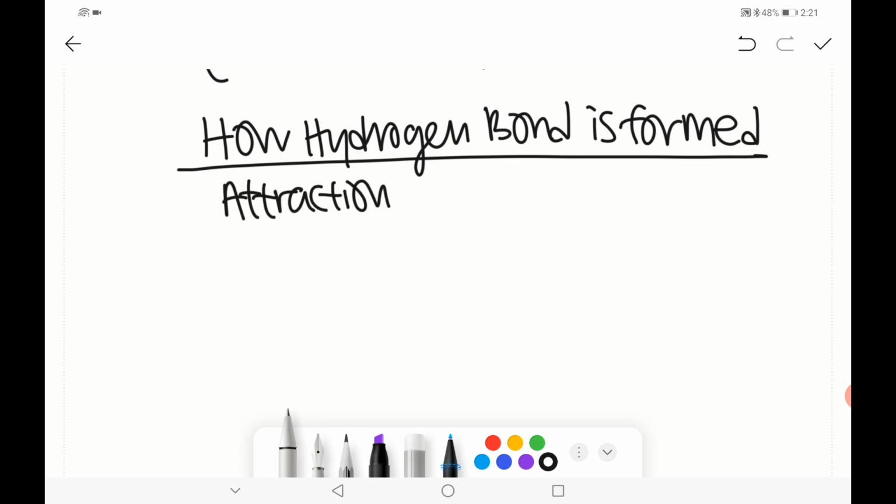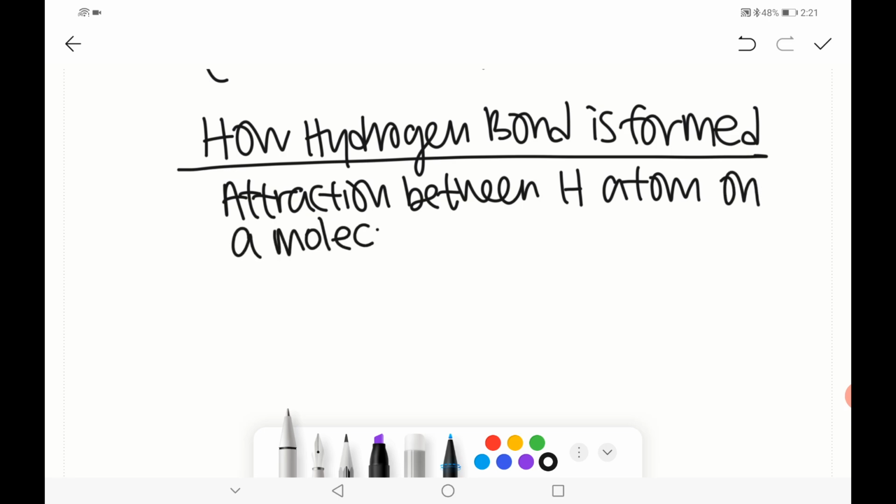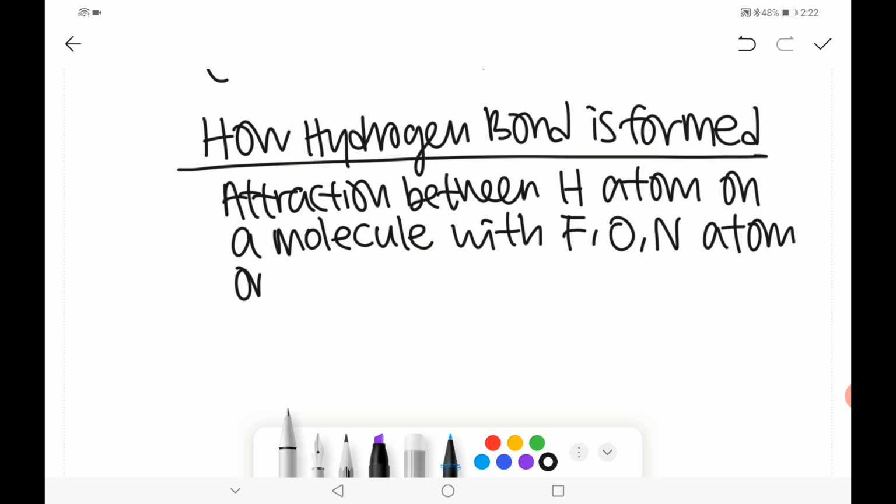Hydrogen bond is the attraction, or force of attraction, between a hydrogen atom on one molecule that is attached to a fluorine, oxygen, or nitrogen atom, and the FON atom on another molecule. So in short, the H of one molecule bonds to the FON of another molecule.